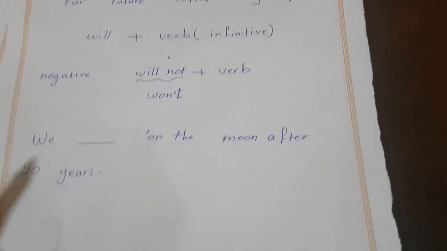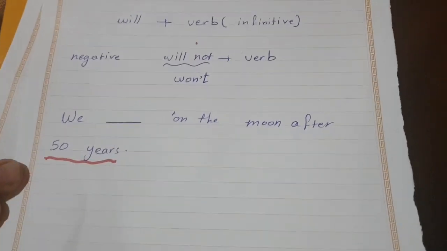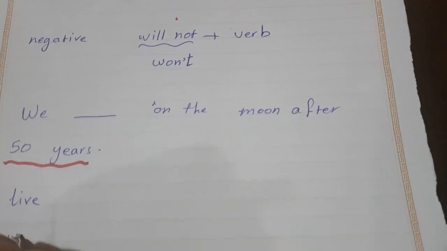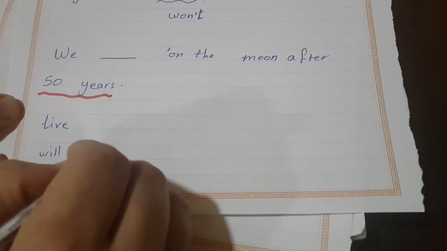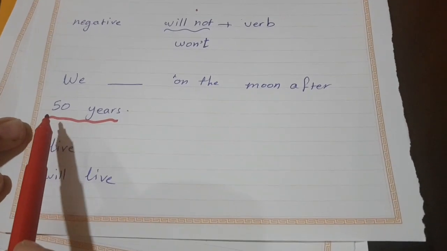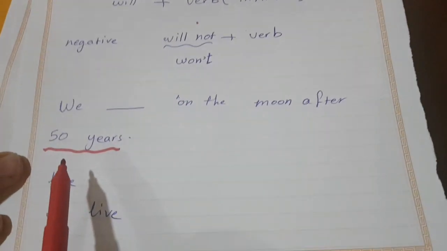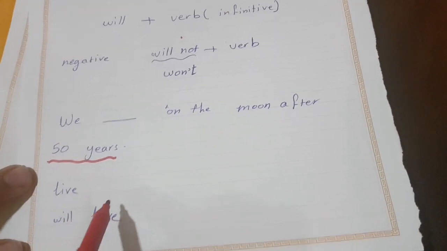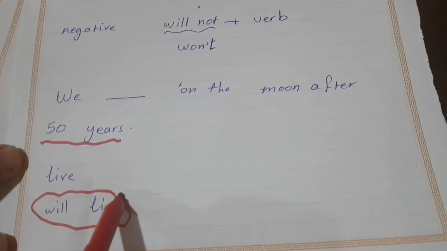Look, I'm talking about what will happen after 50 years. So, we live or will live. What do you think? I'm talking about far future, after 50 years. Are you sure that we are going to live on the moon? We are not sure. So the correct answer is will live.